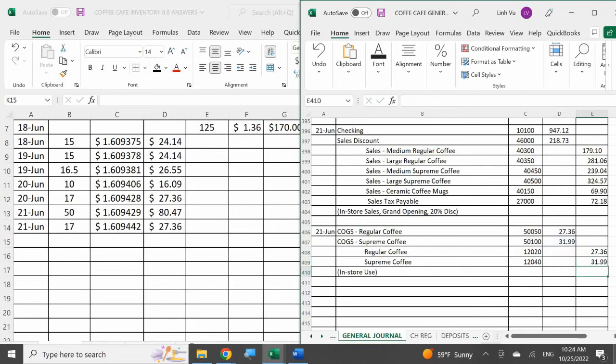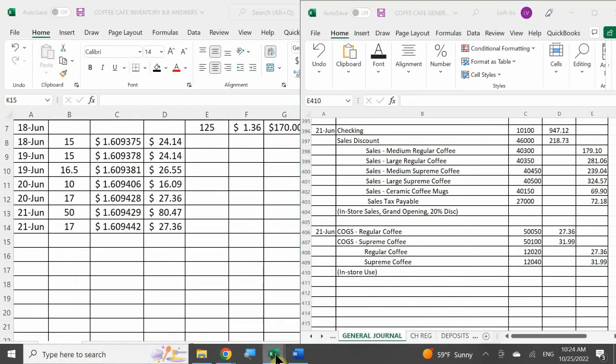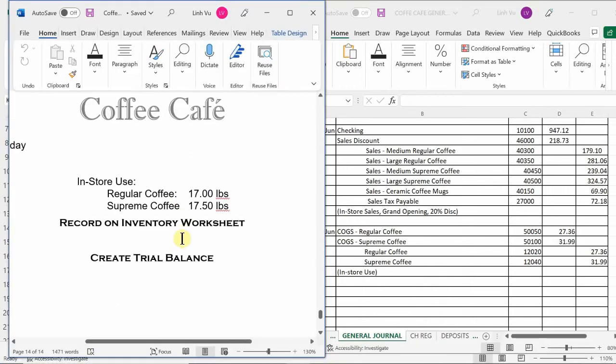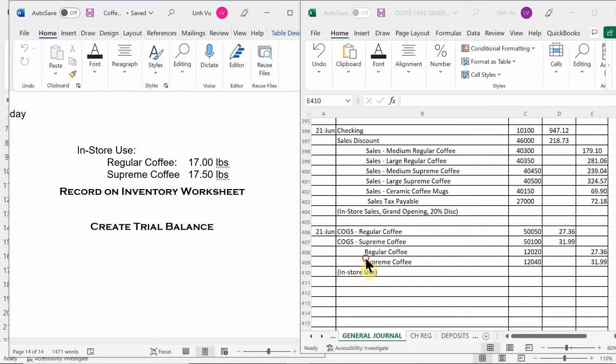Last but not least, what do we need to do? Do our trial balance? Not yet. We still have to do one more thing. What always goes after the journal?